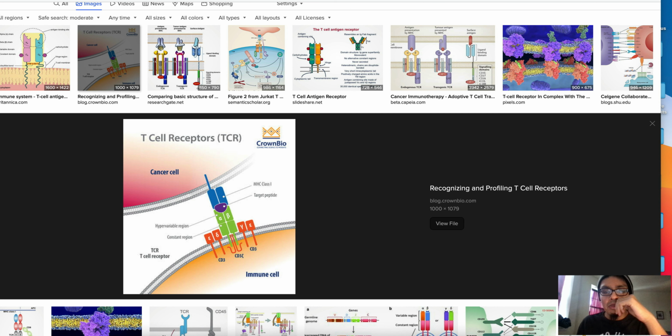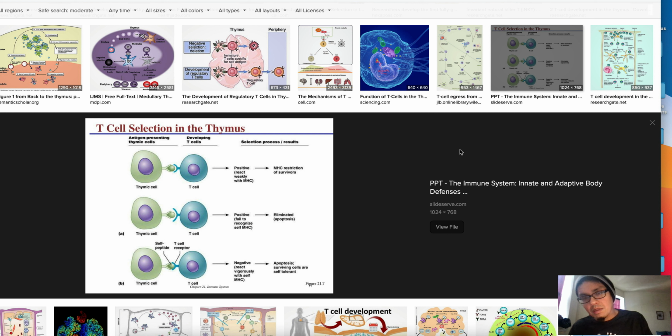But let's jump back to the thymus. The interesting part about all this is that remember, there's multiple different types of T cells, and T stands for thymus, right? It's kind of shorthand for thymus. So how do these T cells turn into what they need to turn into? T cells originate in the bone marrow.